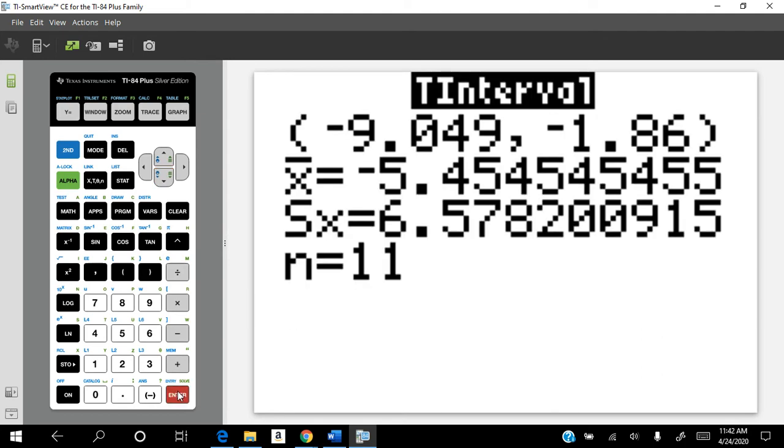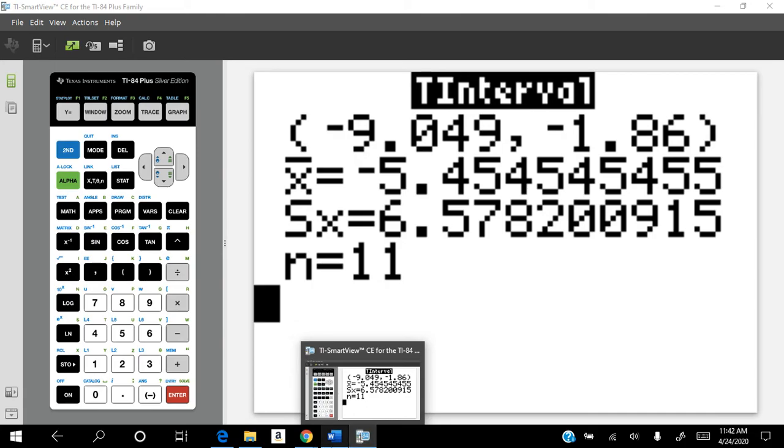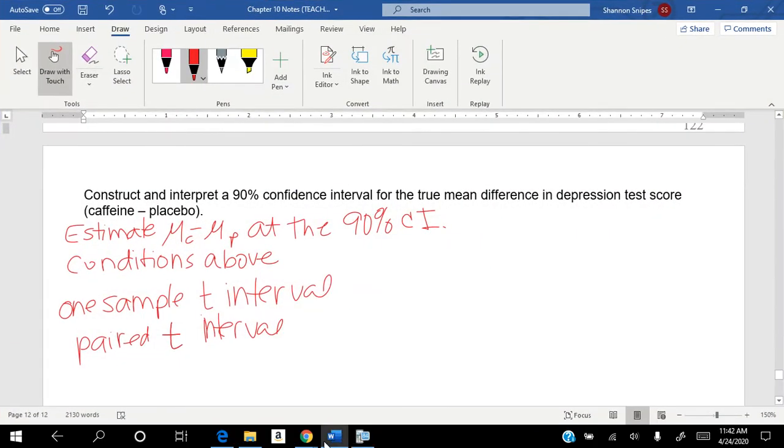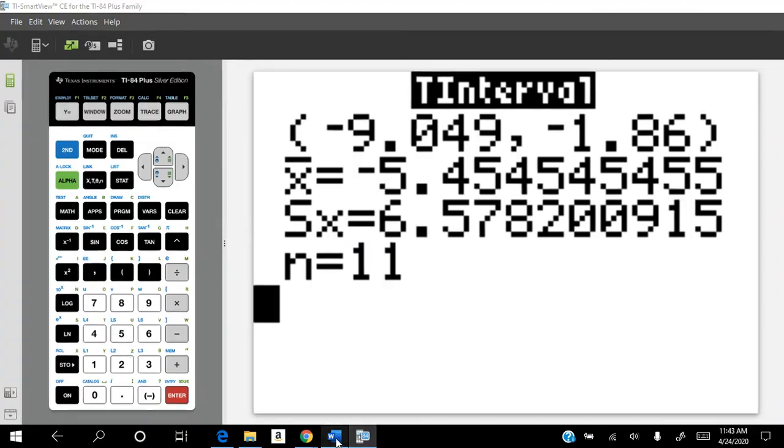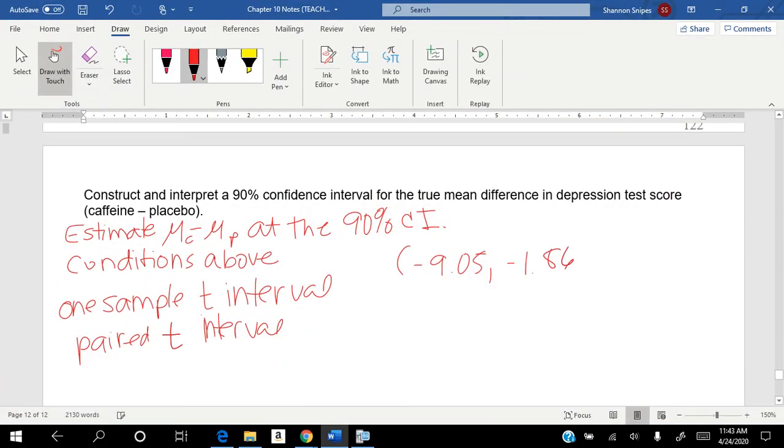So our confidence interval is negative 9.05 to negative 1.86. Oh yeah, degrees of freedom is 10 still.